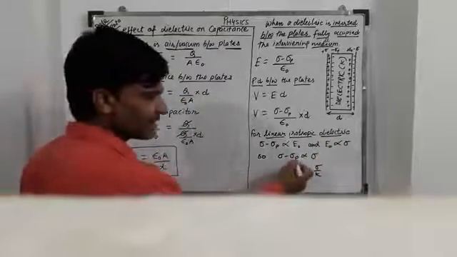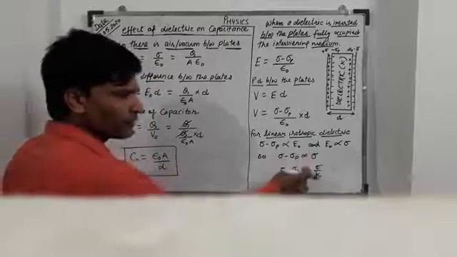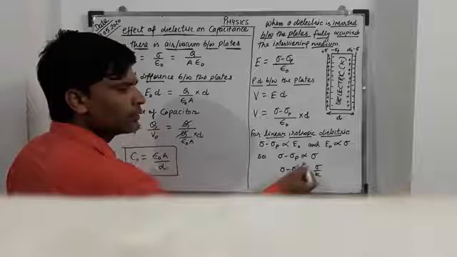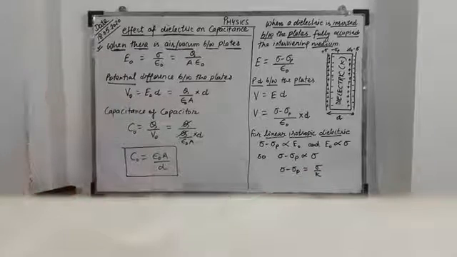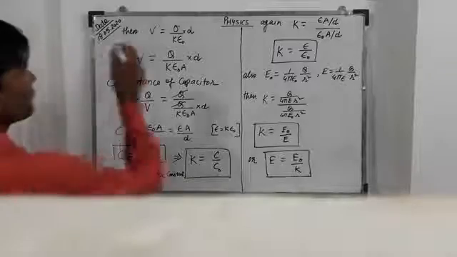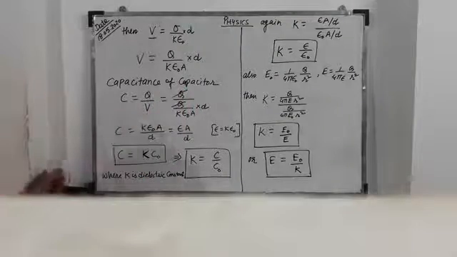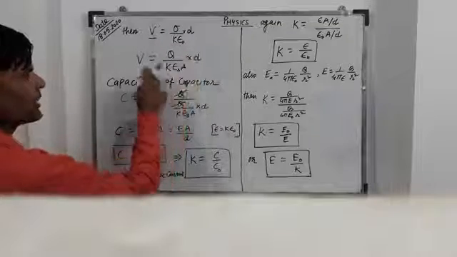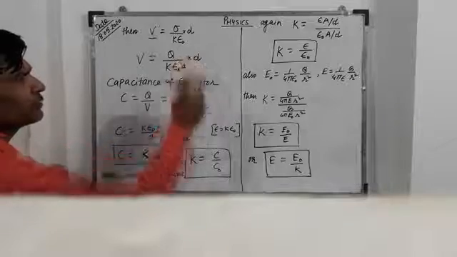So sigma minus sigma p is directly proportional to sigma. Now removing the proportionality, we introduce 1 upon k as a constant, then sigma minus sigma p is equal to sigma upon k. Then we get V is equal to sigma upon k epsilon naught into d. Put the value of sigma, that is q upon A, we get V is equal to q upon k epsilon naught A into d.